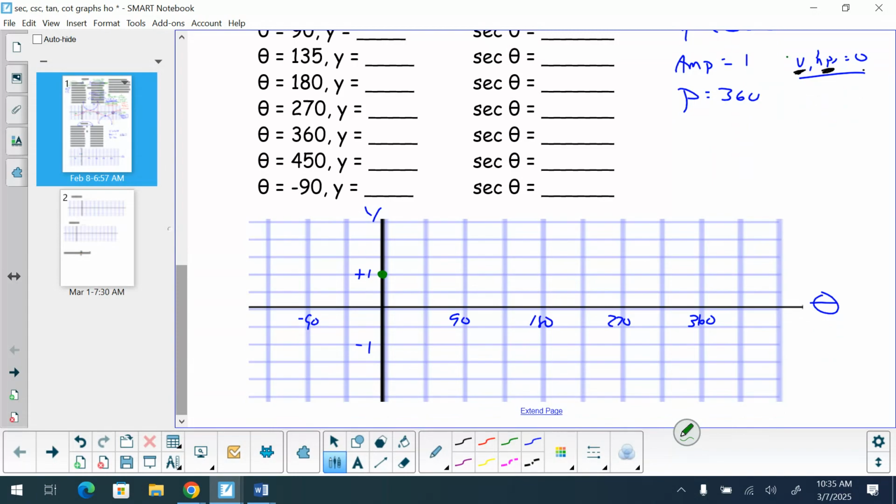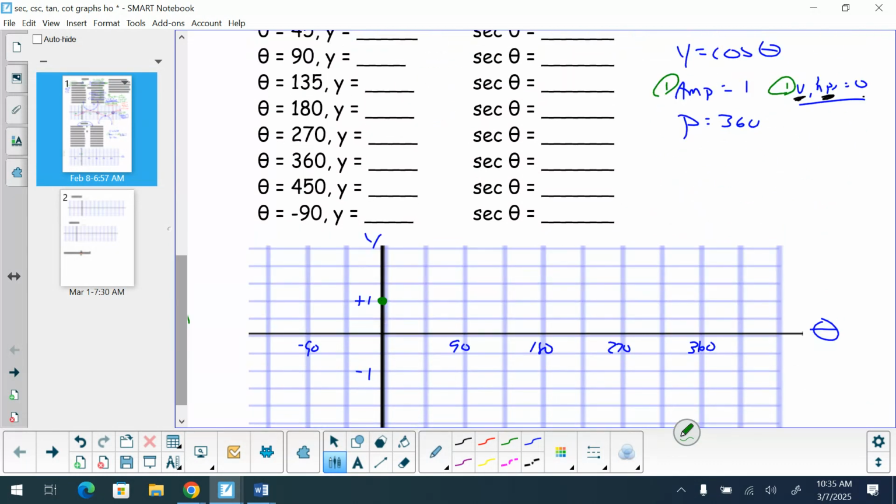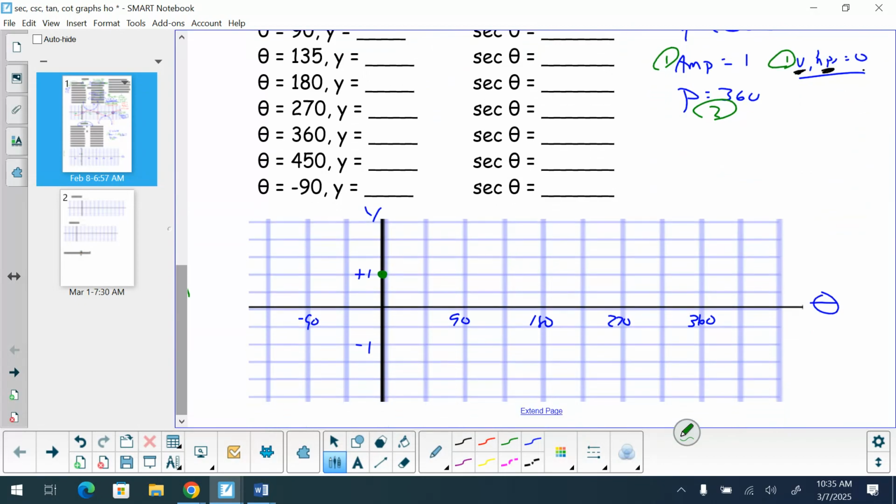We deal with this first. We also have our trig function up here. Then cosine has a period of 360. So if I'm at 0 and a positive 1, at 360 we'll be at a positive 1.